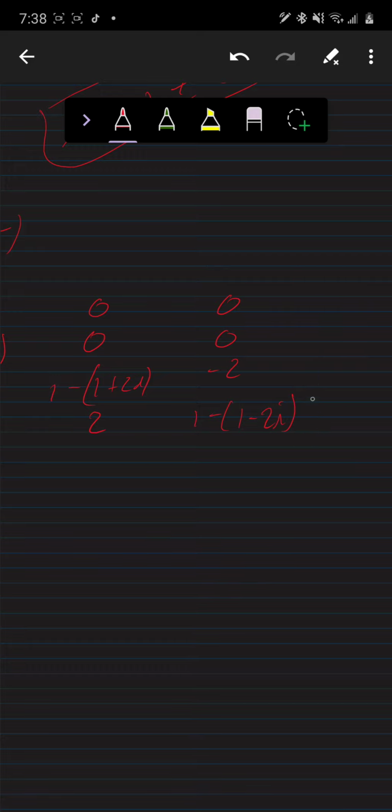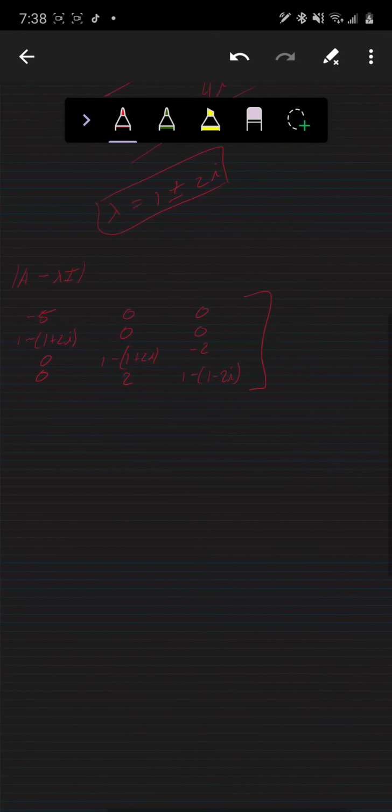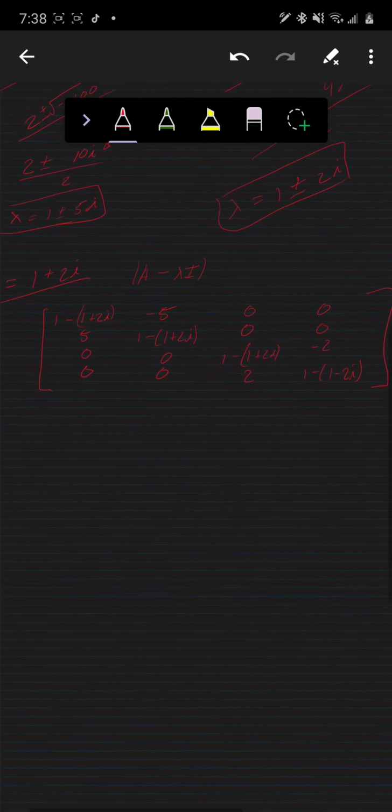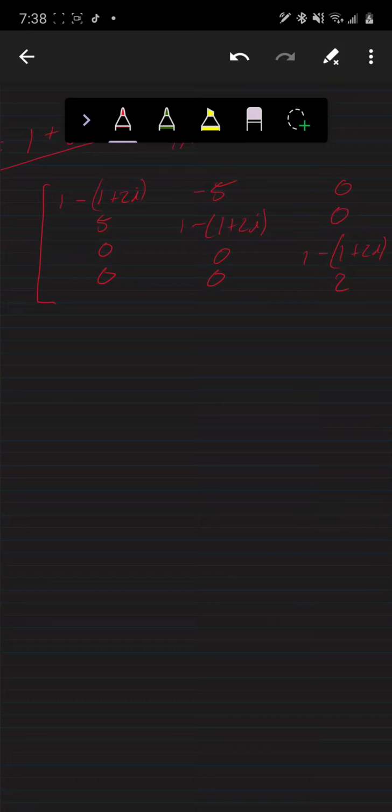Okay. Now this is our equation that we have, and we're gonna set it equal to 0, so we are able to find our eigenvectors. So from this, by adding this, we're going to have -2i, 5, 0, 0.